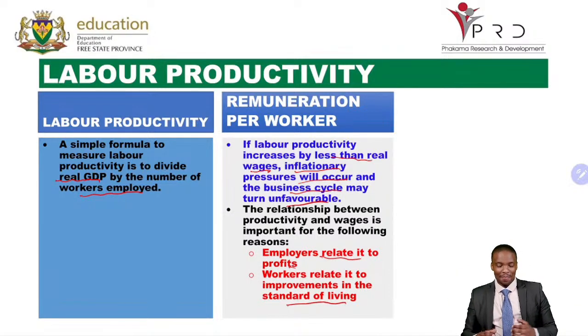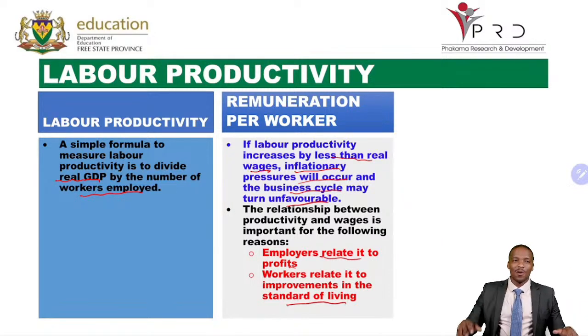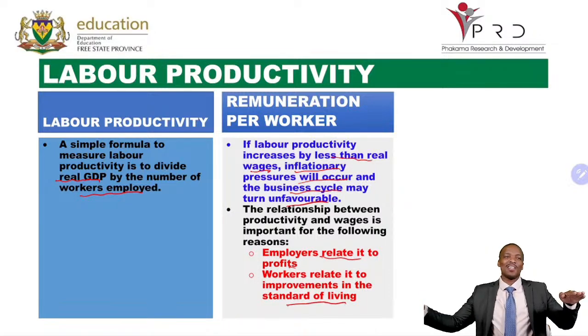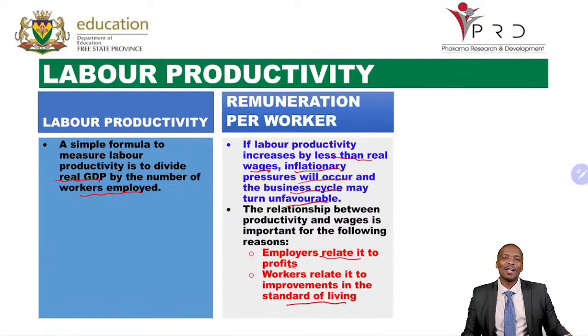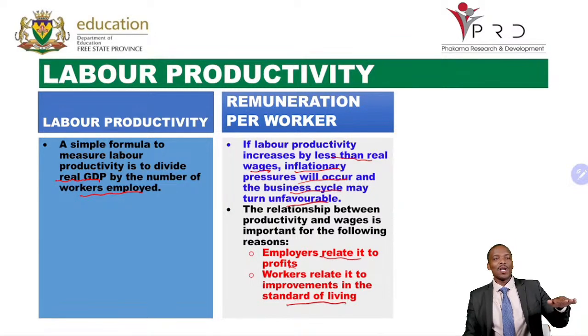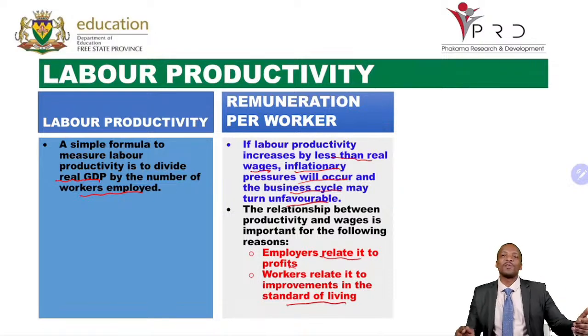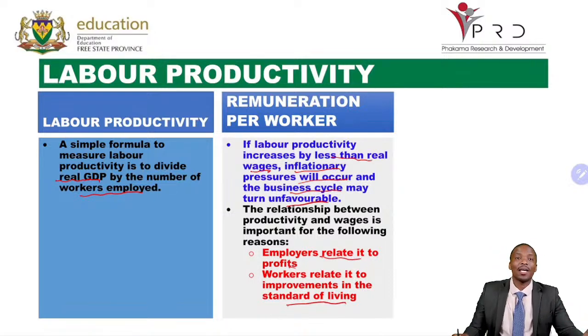On the other side, workers will want output with more wages. Why? Because of improved standard of living, affordability. So there should be a relationship between output and wages. There shouldn't be a point where wages are higher but output is less: demand is going to be more than supply, inflation.